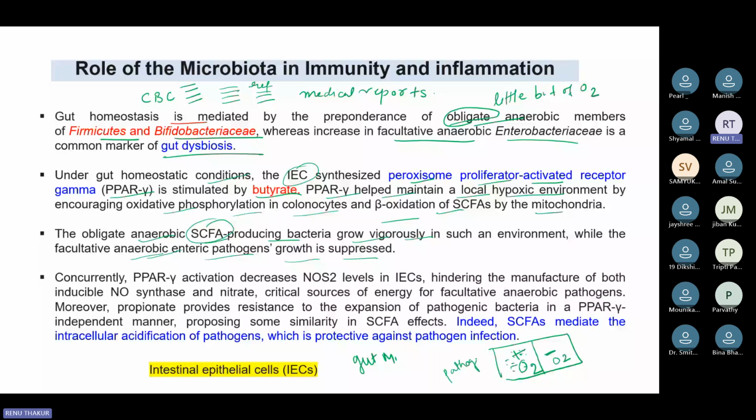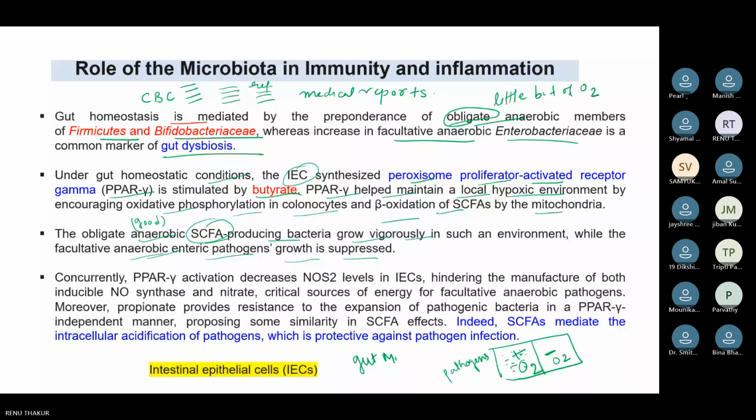These obligate anaerobes are the local, or the good, bacteria of your normal gut. If your gut is in a homeostatic condition, you need to maintain the anaerobic condition, obligate anaerobic, because your SCFA producing bacteria can only tolerate the absence of oxygen.